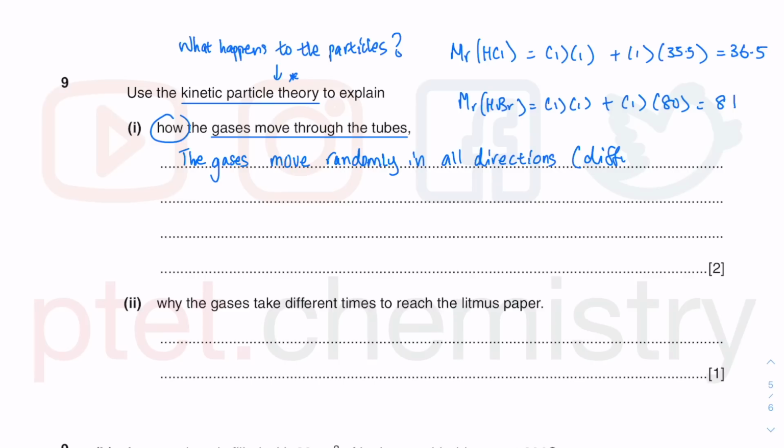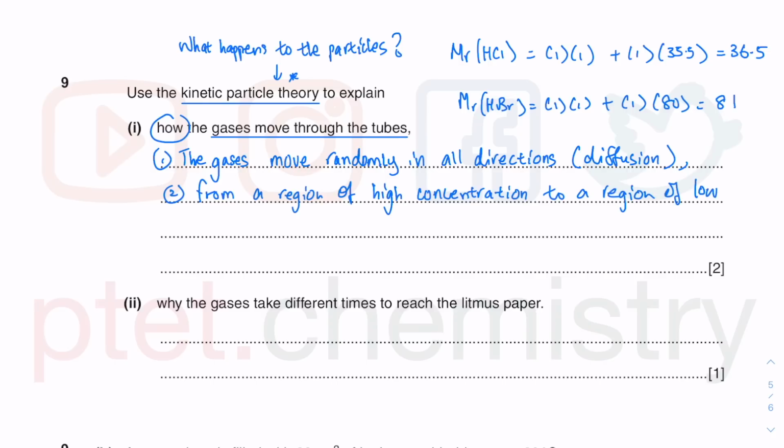I'll just write down the key term: diffusion. That's our first point. And then our second point is from a region of high concentration to a region of low concentration. This kind of essay question repeats itself, but it's just the same idea again and again in a different kind of setting.